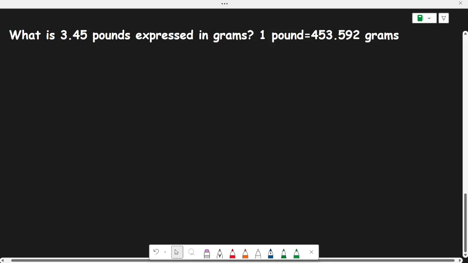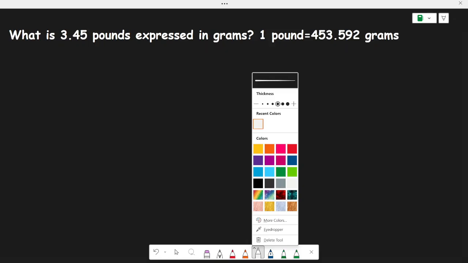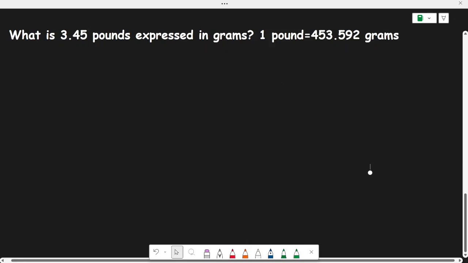Now, what is 3.45 pounds when expressed in grams? And they have also given us the conversion factor from pounds to grams.